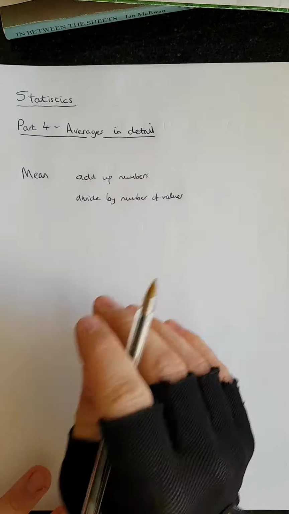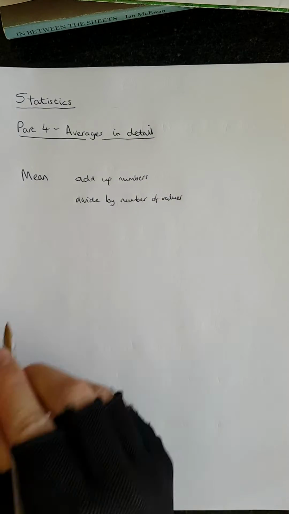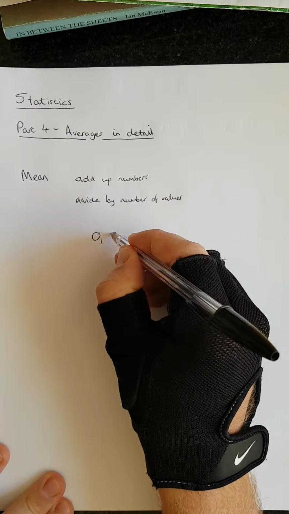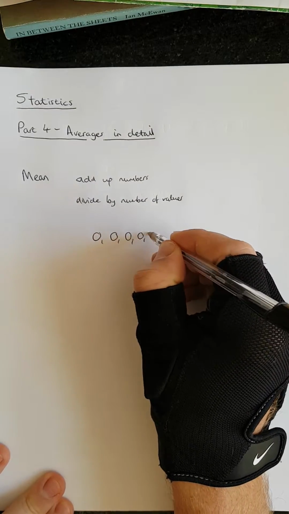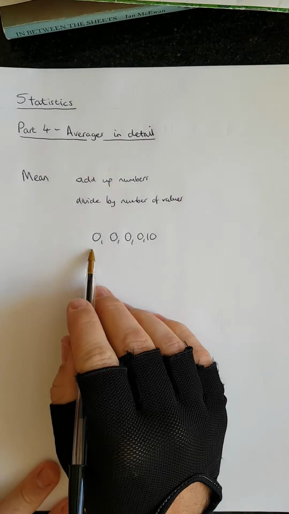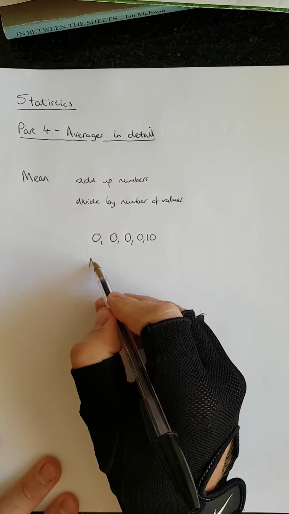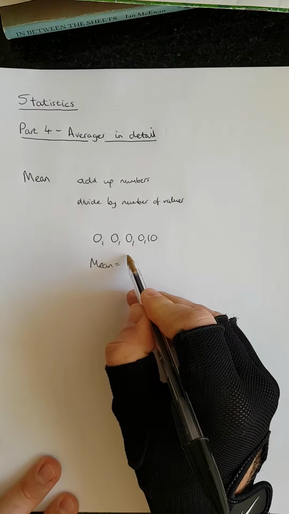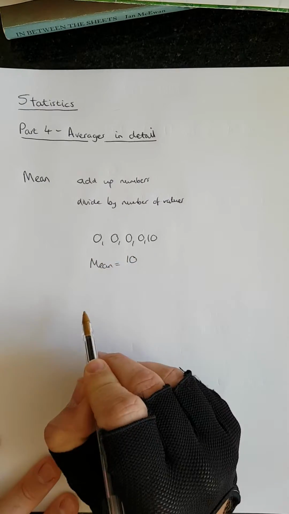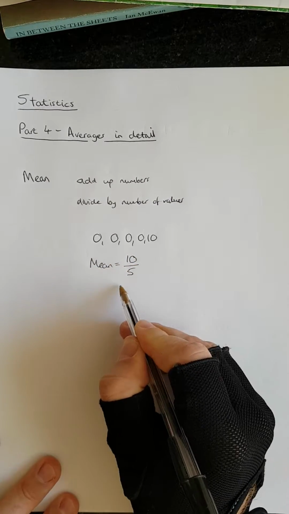So, things that we need to be clear on. If I have these values, zeros do count. So the mean here is add them all up, divided by the number of values.